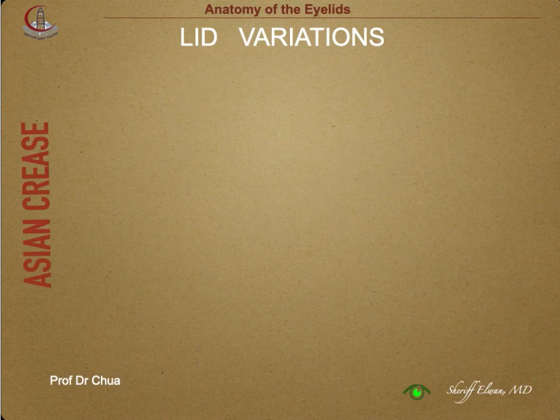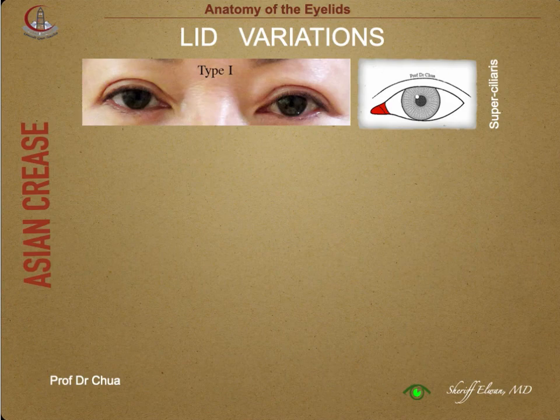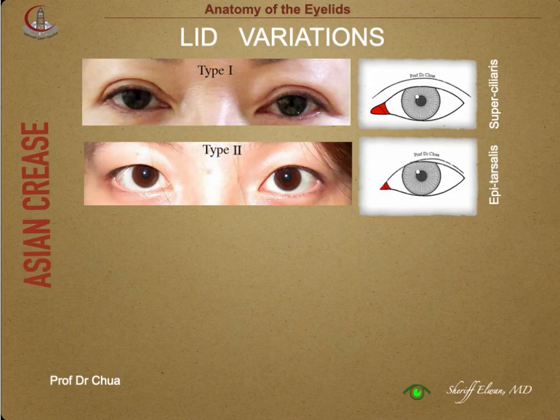Dr. Chua in Singapore described the Asian crease as might be superciliaris, which we said is common in whites, and actually Asians call this a double lid, where the superior palpebral fold is there, and this is what they call a single lid.